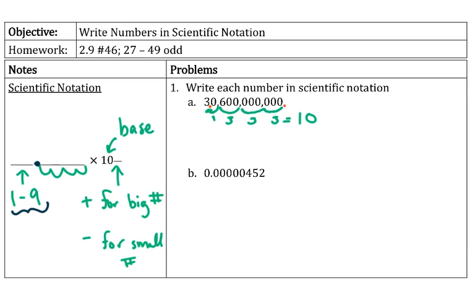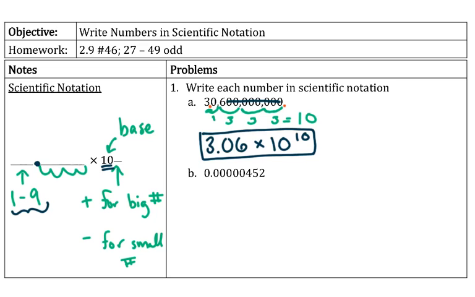Our decimal is 3.06, and I can stop it there because everything else is just a 0. And so putting 60000 doesn't actually change the value of the number. And then we say times 10, which is always going to be the base here, and 10 spaces is the exponent, and it's going to be positive since we started with a very large number.